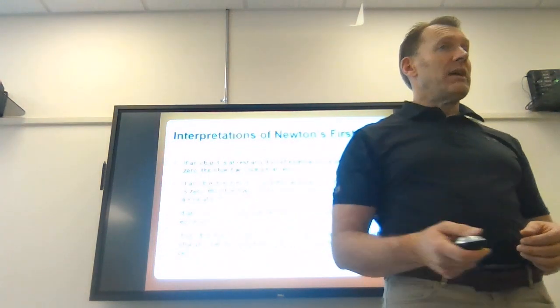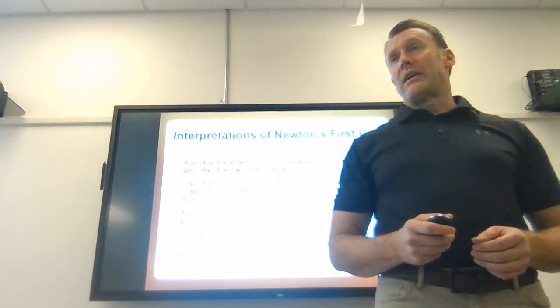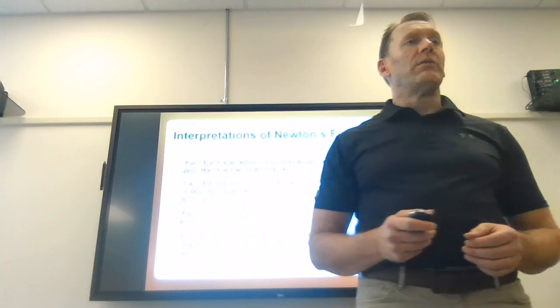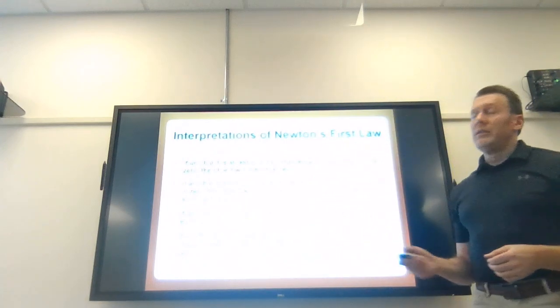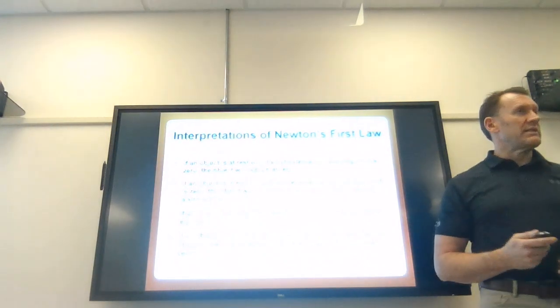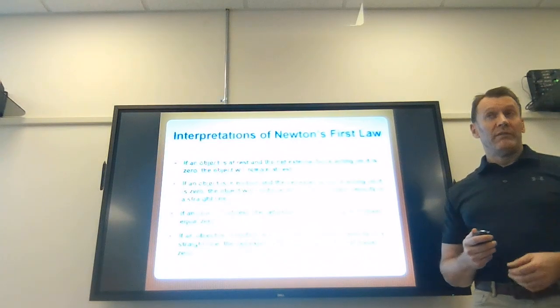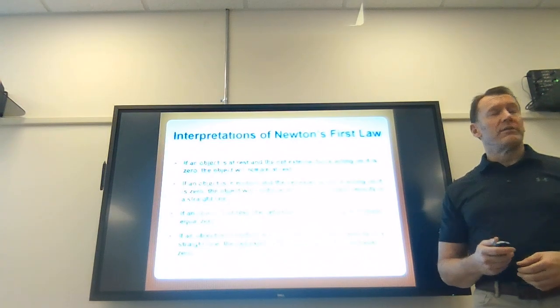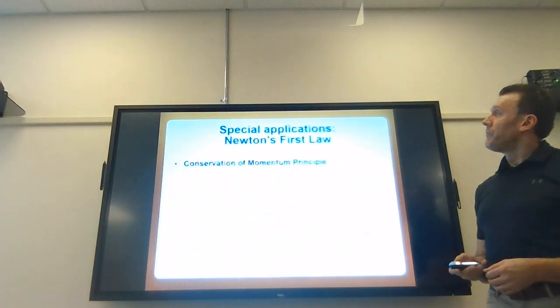If an object is at rest or moving along at a constant velocity, the net force has to be equal to 0. So as soon as the net force is not equal to 0, then an object is going to start moving if it was at rest to begin with, or it will stop moving if it was moving along at a constant velocity, or it'll speed up.